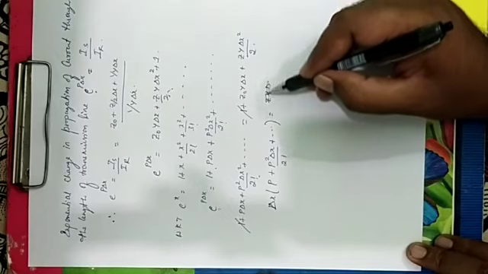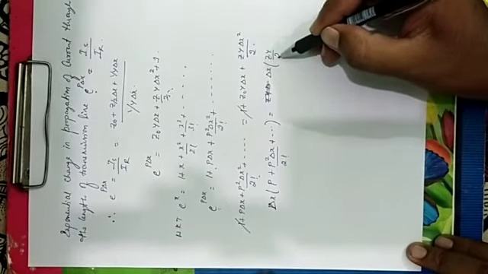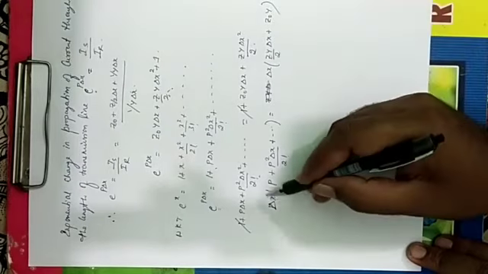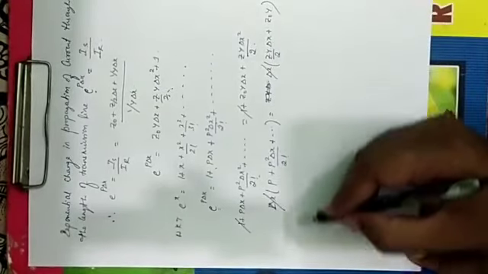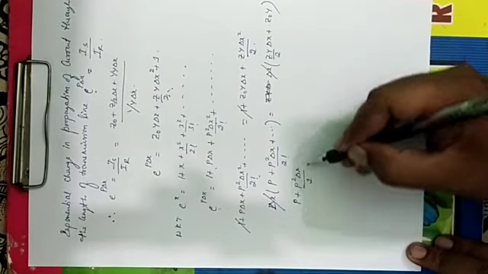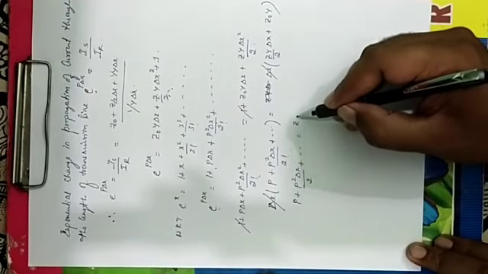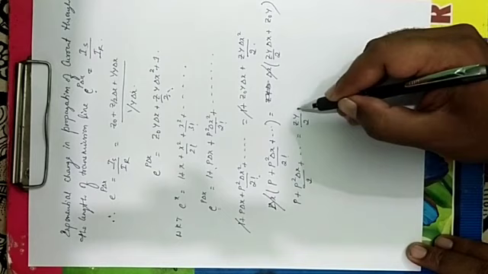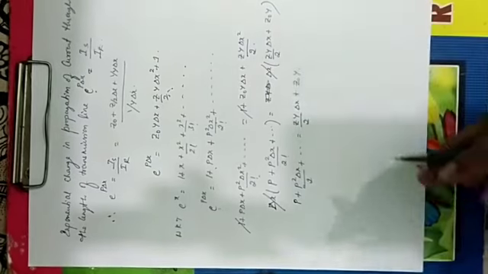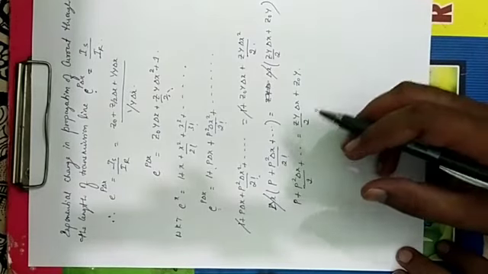If I take delta x common in the RHS also, then ZY by 2 delta x plus Z0 Y. So delta x cancels. So p plus p square delta x by 2 plus so on is equal to ZY by 2 delta x plus Z0 Y. Okay, here we have considered a small differential length delta x.